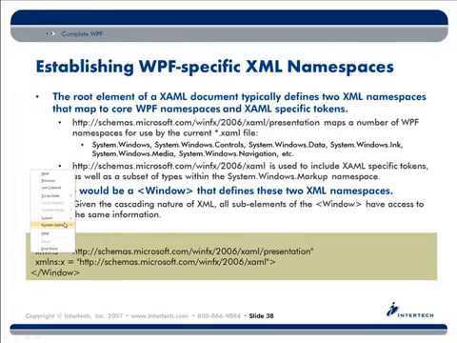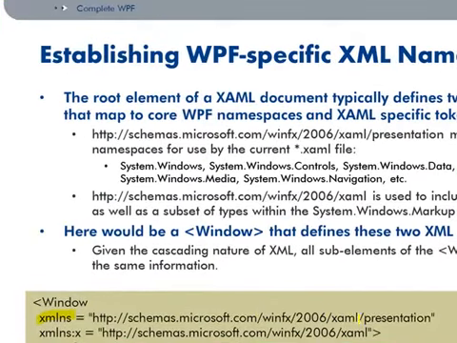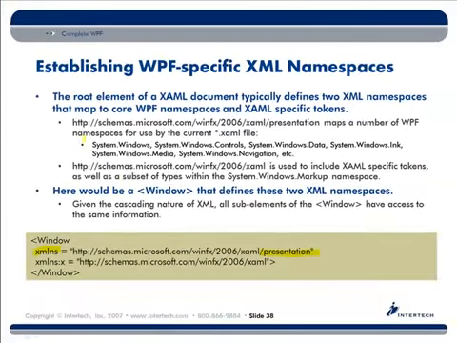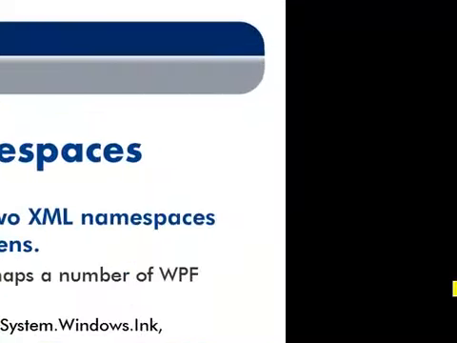The root XML namespace, the one that ends with the word presentation, is basically a way to import, through markup, all of these core WPF .NET namespaces. So that little string actually means something, right?